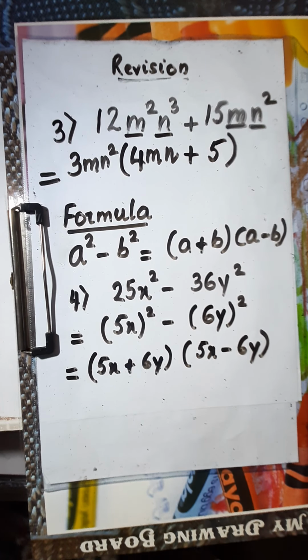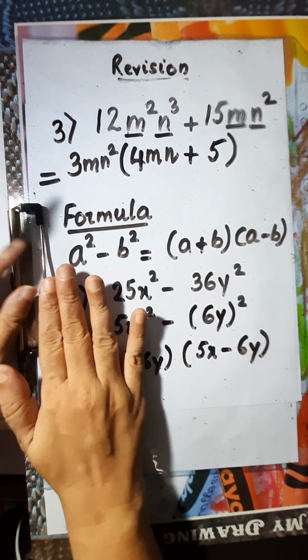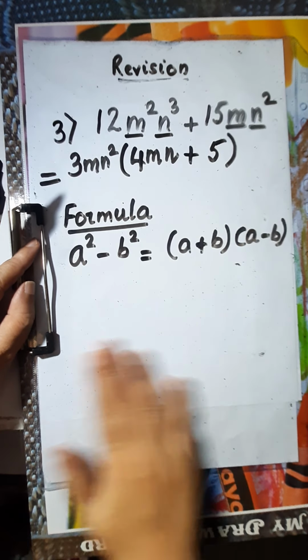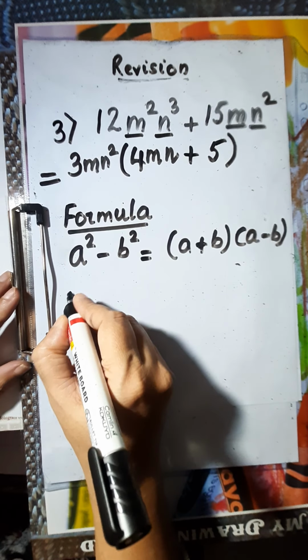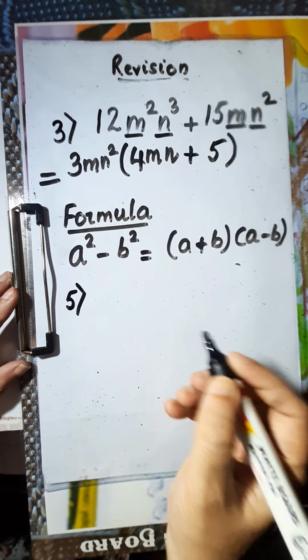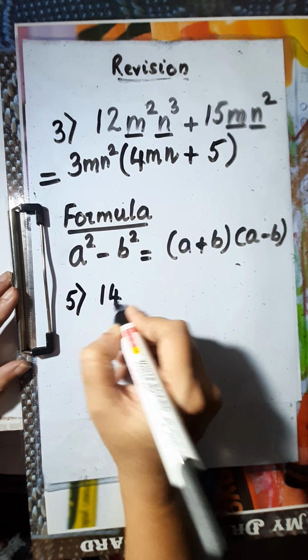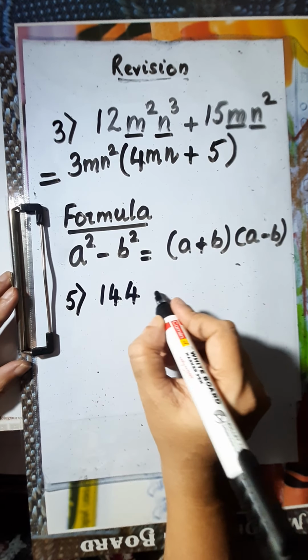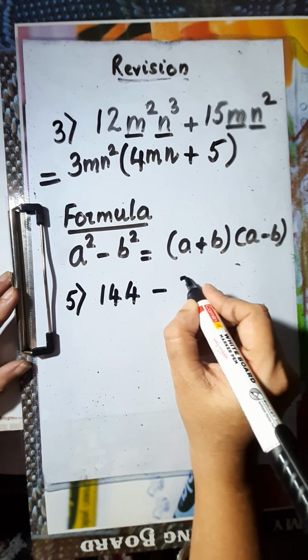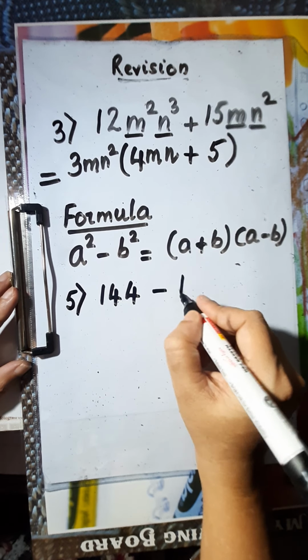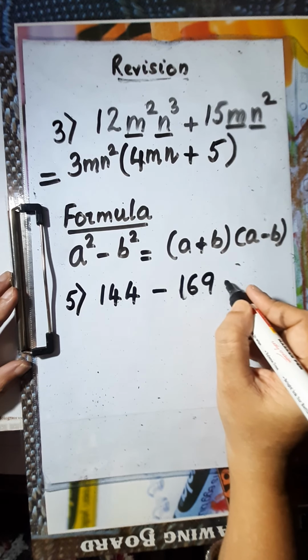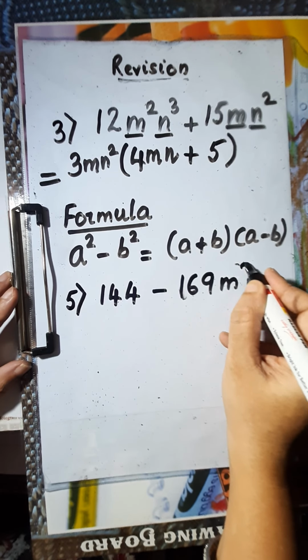Is this clear, based on this formula? Now you see the next one of the same type, sum number 5, and my revision is over. 144 minus 169m square.